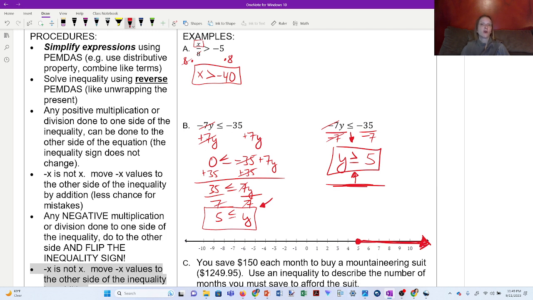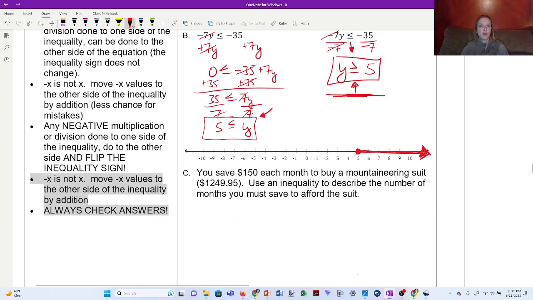Let's look at a real-world example of an inequality. You save $150 each month to buy a mountaineering suit that costs $1,249.95. Use an inequality to describe the number of months you must save to afford the suit.